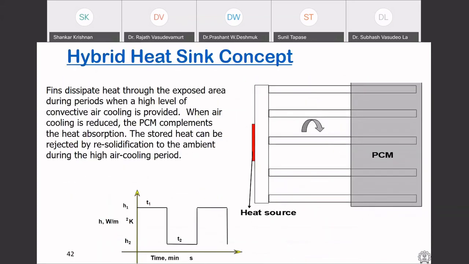The second application that we wanted to look into is a situation where there was a cart going uphill, with a power electronic or heat dissipating device that was always dissipating at a constant power. However, when the cart was going up, the velocity of flow coming across this heatsink was low.